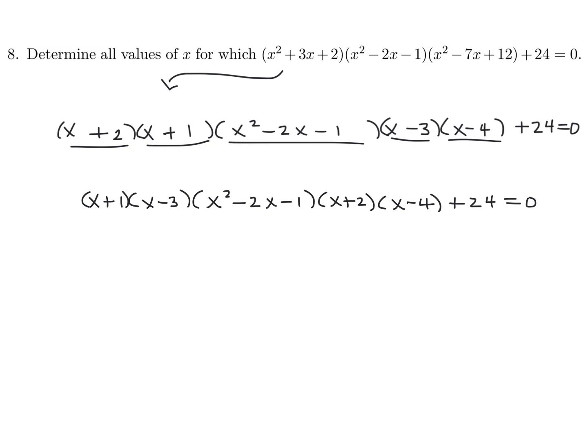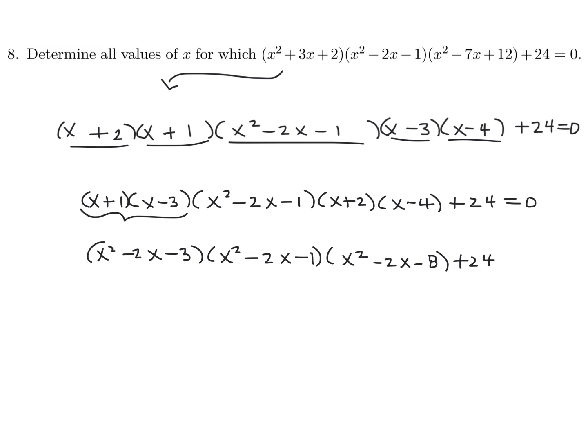Now, when you expand this guy, you get x squared minus 2x minus 3. The middle one is the same, x squared minus 2x minus 1. And then this one becomes x squared minus 2x minus 8. Hopefully, you have noticed that we have arranged it in a way that they're all x squared minus 2x.